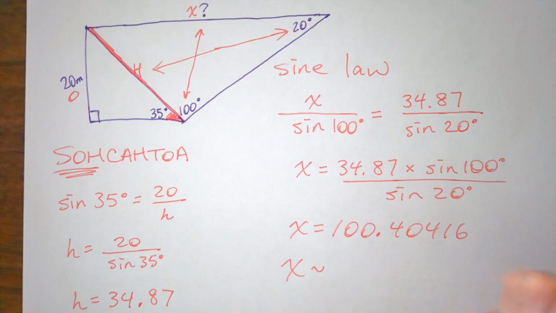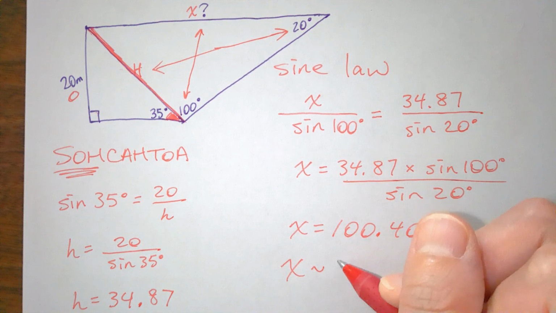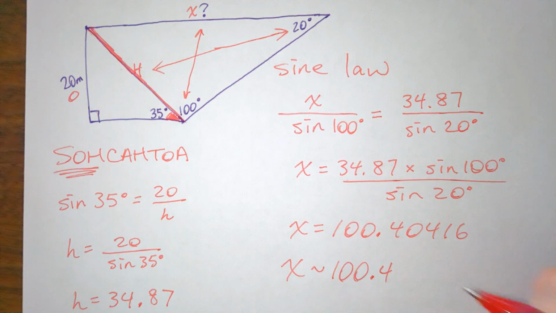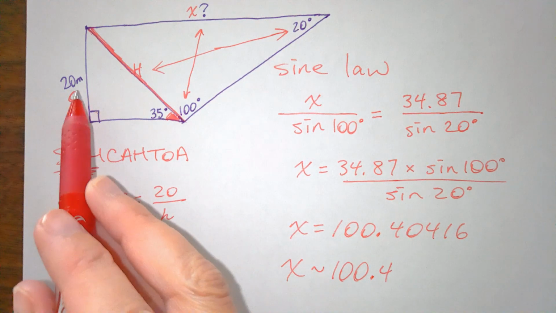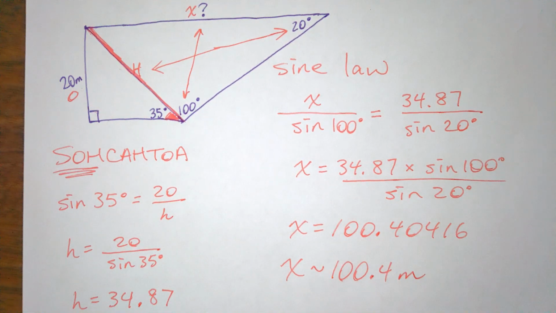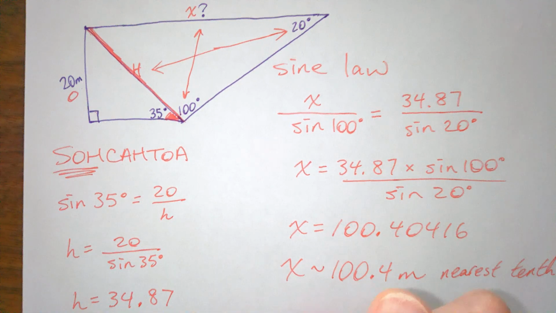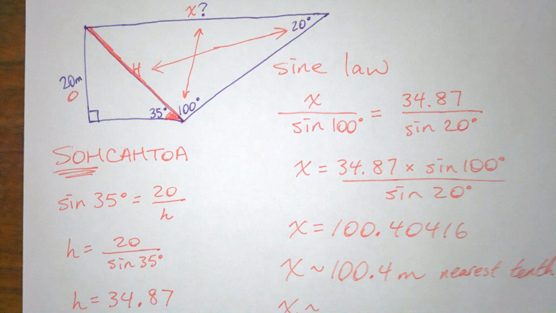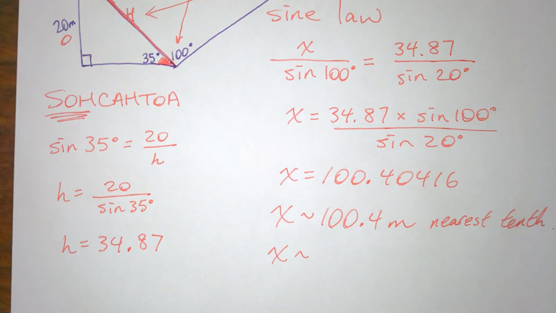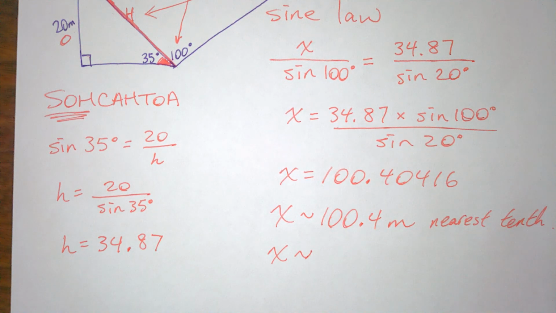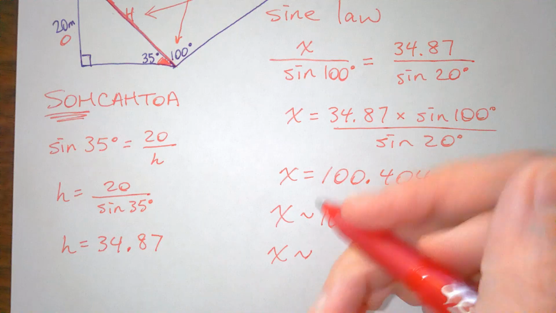If I round it to the nearest 10th, what would my final answer be? Half a mark off. I said meters. So nearest 10th. Then if I ask to round to the nearest whole, 100.